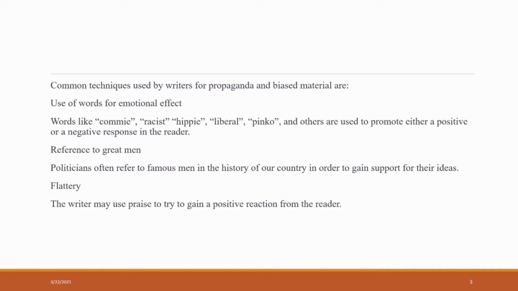Reference to great men. Number 4. Politicians often refer to famous men in the history of our country in order to gain support for their ideas. Number 5. Flattery. Number 6. The writer may use phrases to try to gain a positive reaction from the reader.